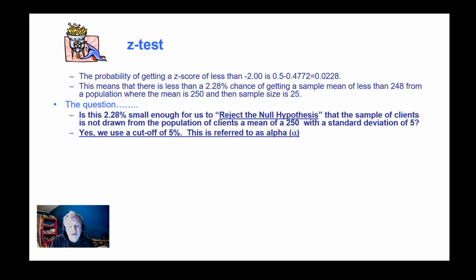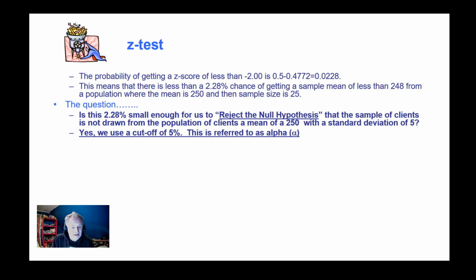So the probability of getting a sample mean less than 248, using the standard normal curve, is 0.0228. So if the null hypothesis is actually true, and if I were to run this study 200,000 times, less than 2.28% of those sample means would be less than my sample mean of 248.